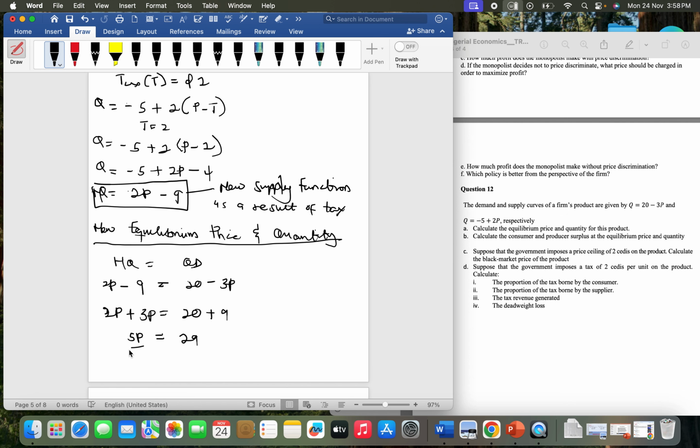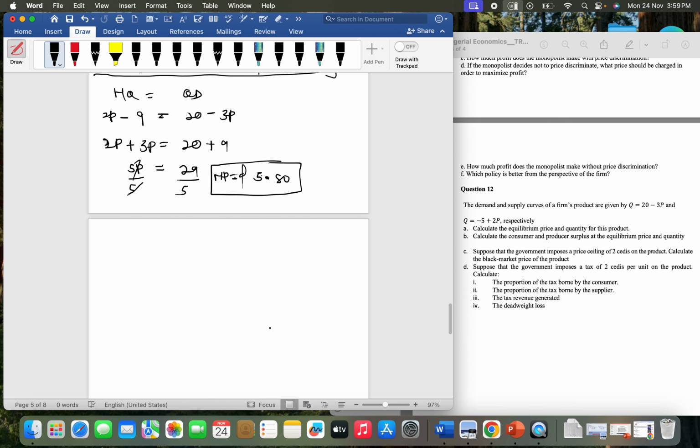In finding P, we divide by 5 on both sides, so the new price is 29 divided by 5. With a calculator, we get 5.80. So there is our new equilibrium price as a result of tax.